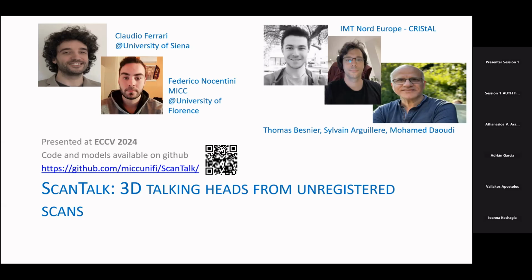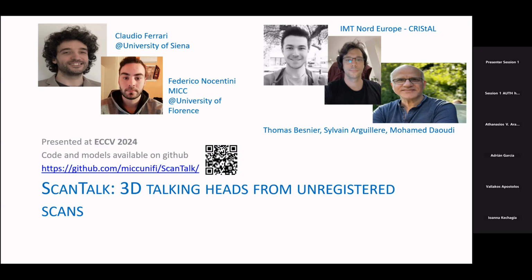Of course, this is a limitation, because if we want to combine data from different data sets, or we want to animate a 3D scan that we have just captured by a 3D acquisition device, for the other methods we need a pre-processing step to account for this difference in the topology. So in this work, we try to solve this problem.